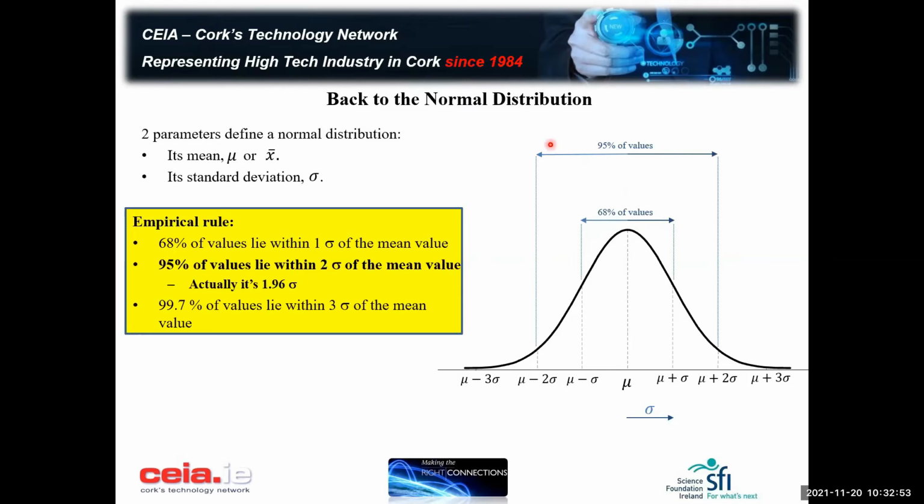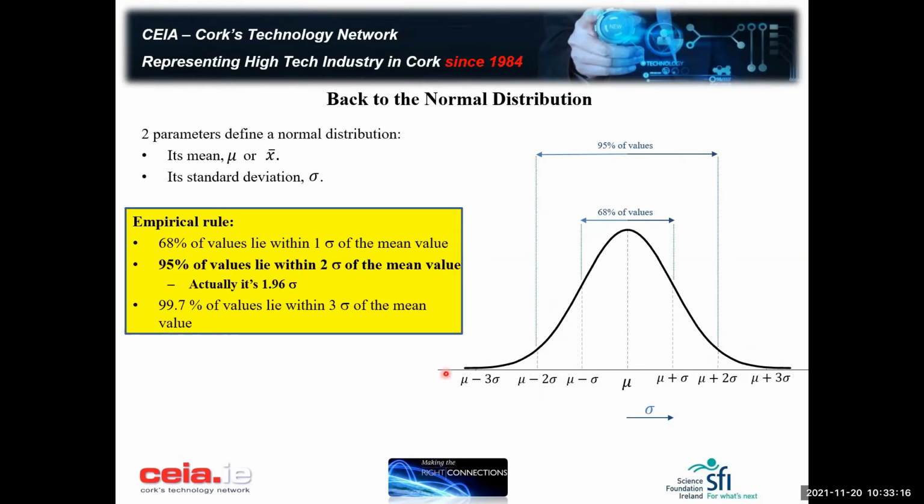Now, more interesting is if you go 2 standard deviations out, you find that almost all of the curve lies between those 2 points. Within 2 standard deviations of the mean, you get approximately 95% of values. And within 3 standard deviations, it's even stronger.